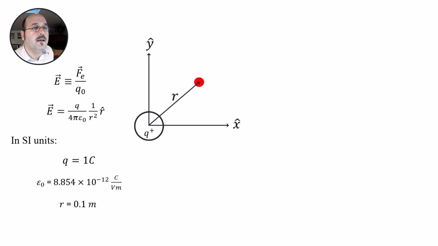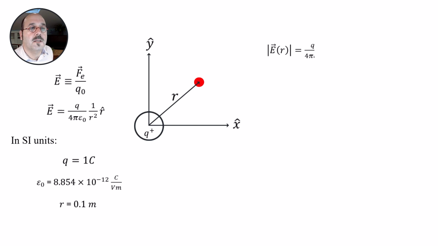If I say magnitude of the electric field as a function of R, what that basically means is that I want to ignore the vector nature of it, and I'm only concerned about the impact of R as the displacement.